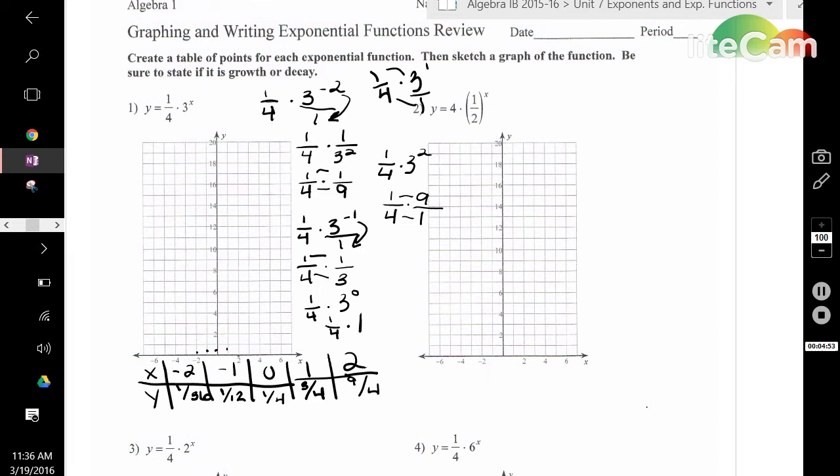So if I go to the x-axis at 2 and I go somewhere between 2 and 3, put that point. You want to draw a smooth curve that does not cross the x-axis, that continues on forever. This would be exponential growth, and we can tell by a couple ways. One, the b value of 3 is greater than 1, or our graph increases from left to right.